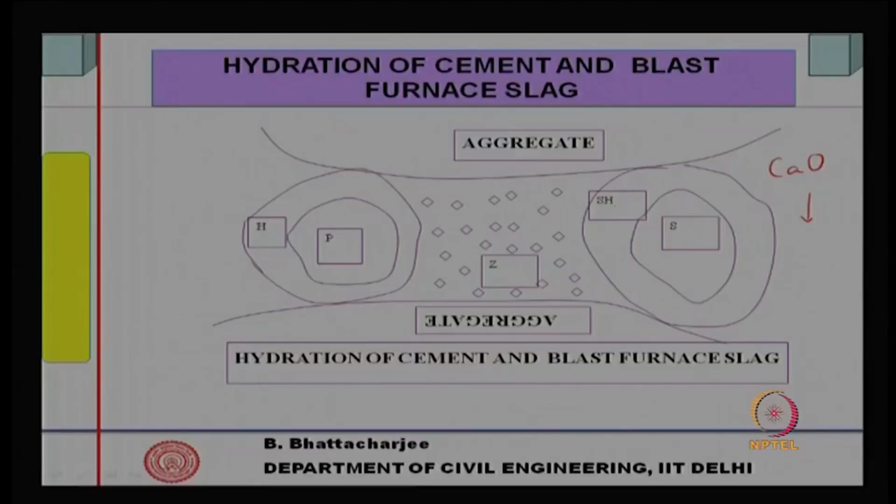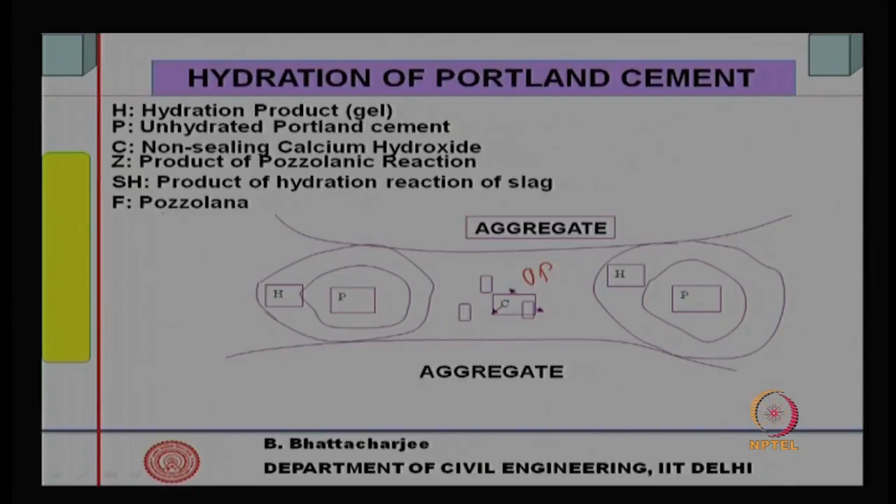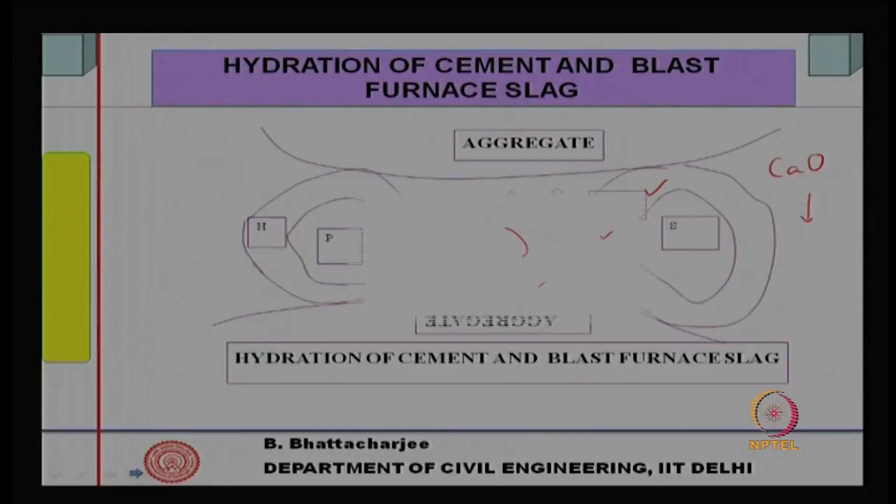So, slag can also hydrate, and the hydration product of slag is here. Because it has excess silica, this can react with the calcium hydroxide that was there originally, and produce Z, which is the pozzolanic reaction product.